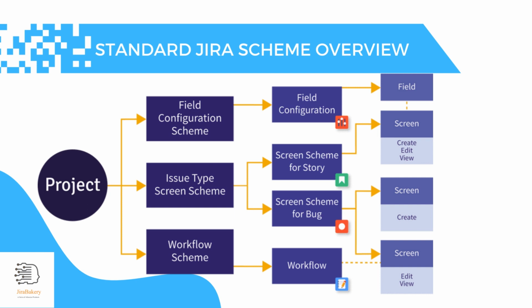The story is the issue type. So in that story screen scheme, we have screens. Under the screen, we have three screens, which are create story screen, edit story screen, and view story screen. Likewise, the bug. Bug also has a screen, and bug has only the create screen in this example.